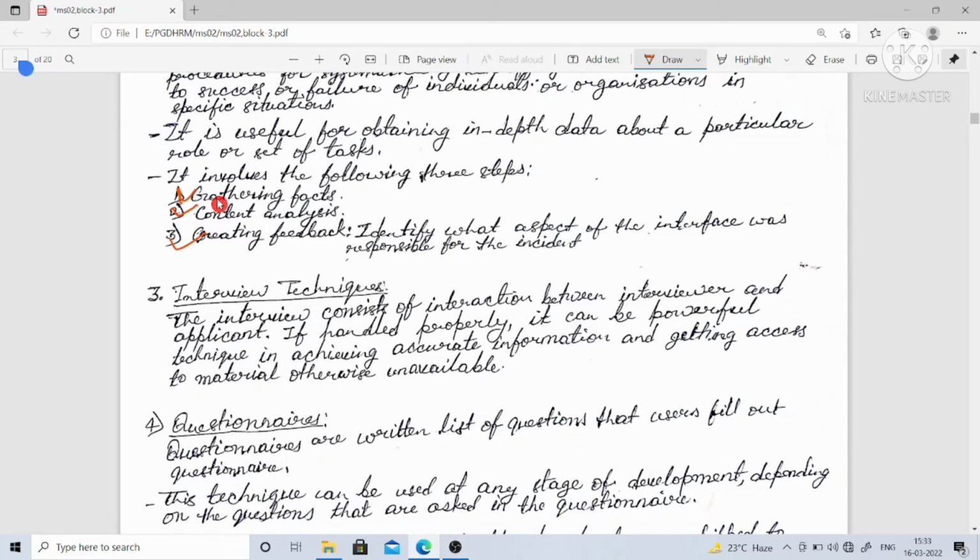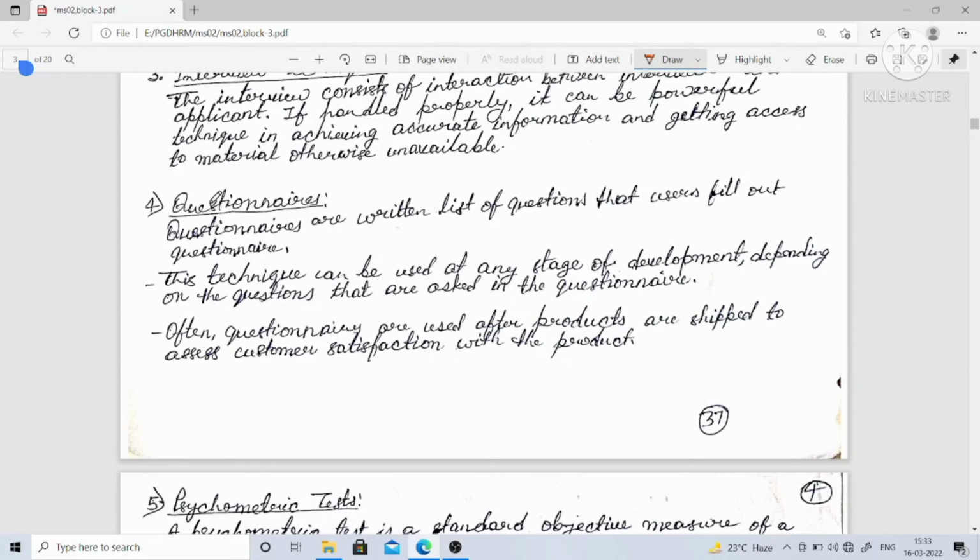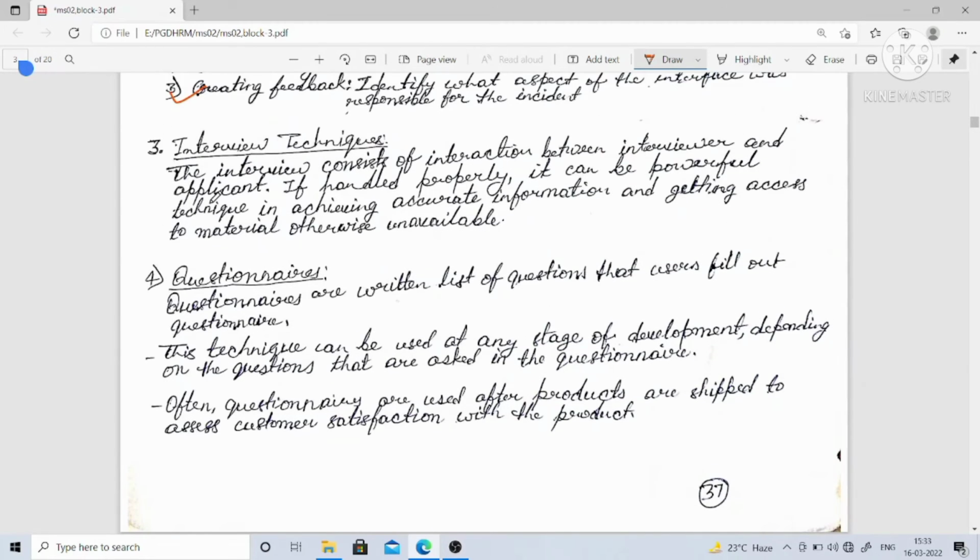The third method for competency mapping given is the interview. The interview consists of interaction between interviewer and applicant. If handled properly, it can be a powerful technique in achieving accurate information and getting access to material otherwise unavailable.